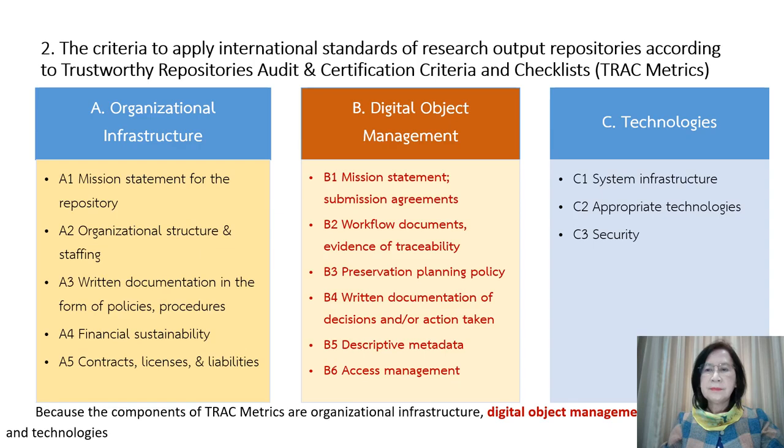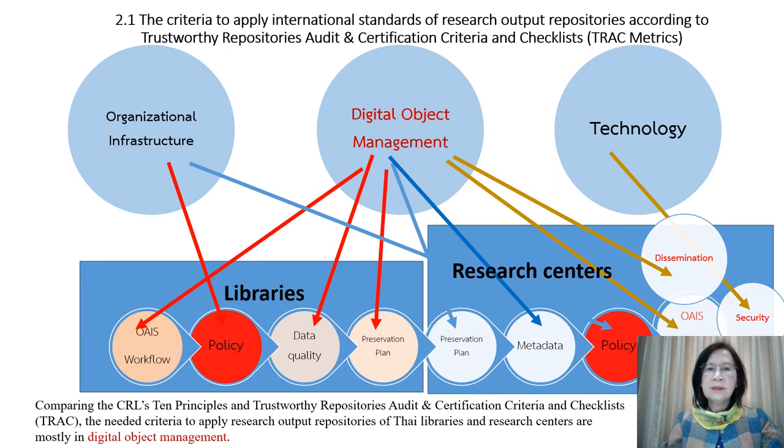For comparing the CRL 10 principles and the Trustworthy Repository Audit and Certification criteria and checklist, the needed criteria to apply research output repository of Thai libraries and research centers are mostly in digital object management, which are related to the CRL 10 principles.